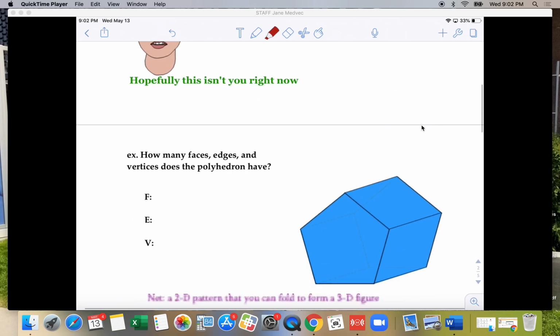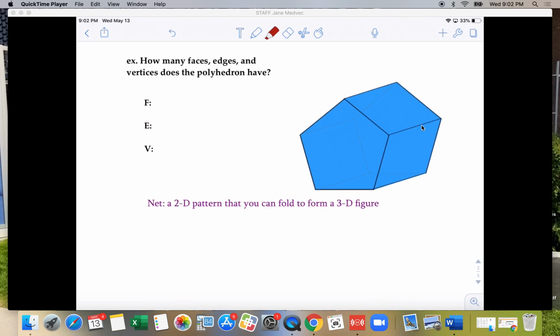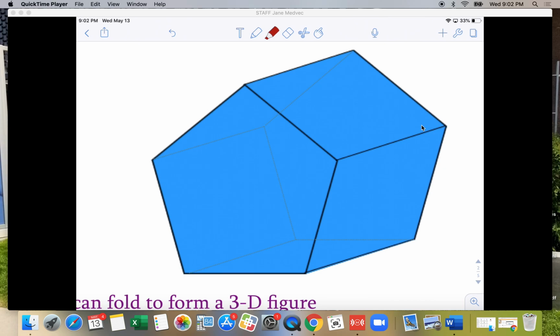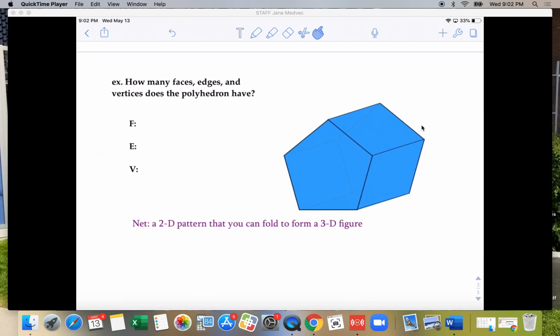So let's keep going and take a look at this figure. How many faces, edges, and vertices does this polyhedron have? If you look at it really closely, you can see that it's a three-dimensional shape. How many faces?